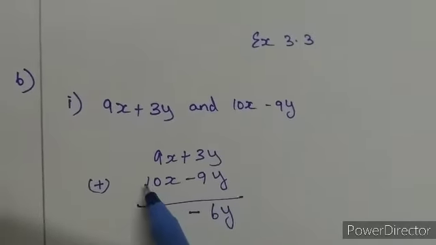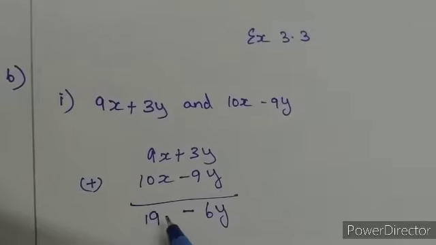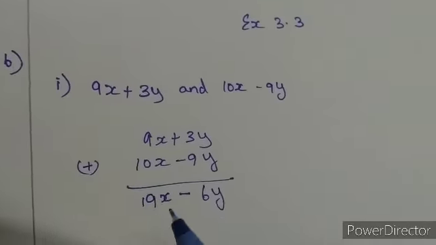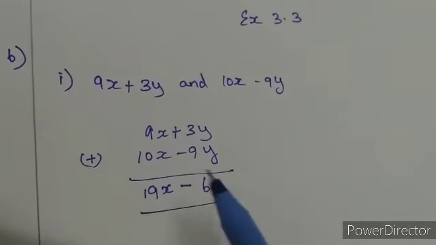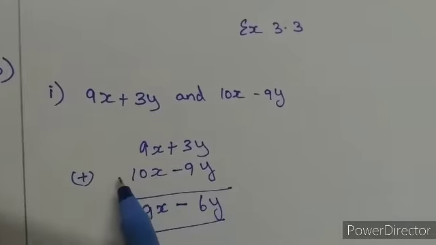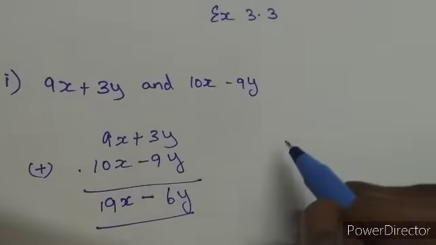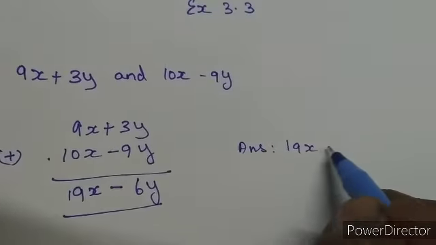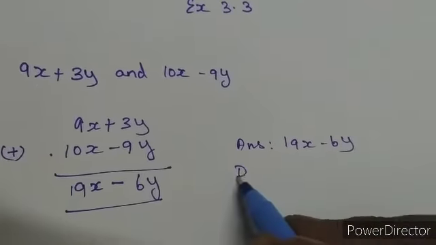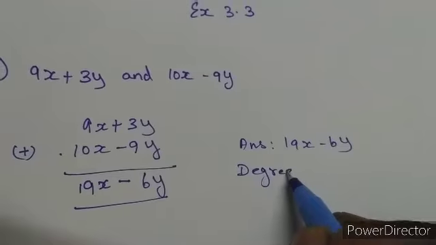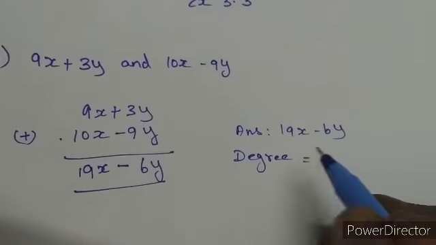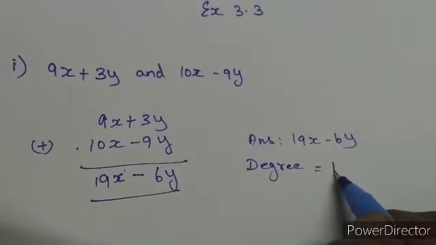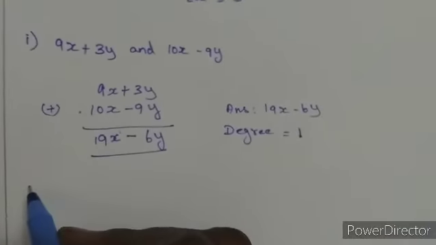Now here 10 plus 9, 19x. Which number is greater? 10, and the sign for that is plus. Now your answer is 19x minus 6y, and also you should write the degree of the given expression. The degree is 1.